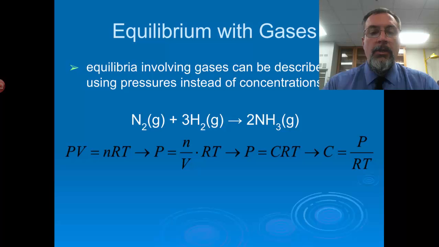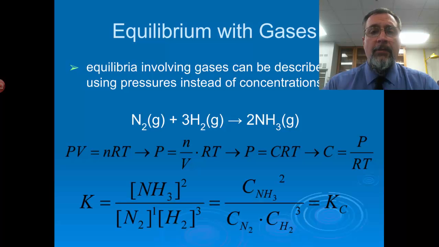So if my K value is the concentration of NH3 squared over concentration of N2 to the first power times concentration of H2 to the third power, and I replace the brackets with C, that's the Kc, the equilibrium constant at concentration.